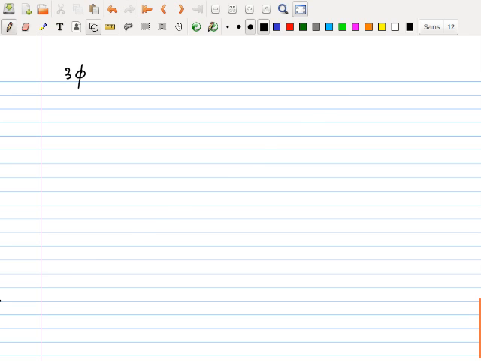Now, if I ask you, in a very broad sense, if I have a battery, so if this voltage drop goes from minus to plus, where does the current flow? Is it from minus to plus or is it from plus to minus? It's plus to minus.